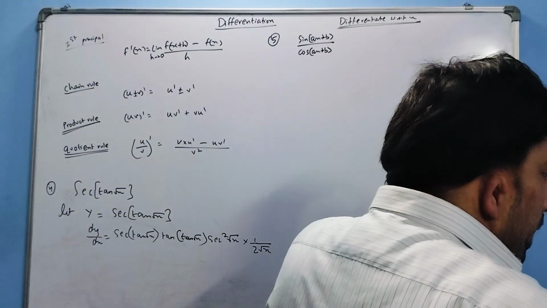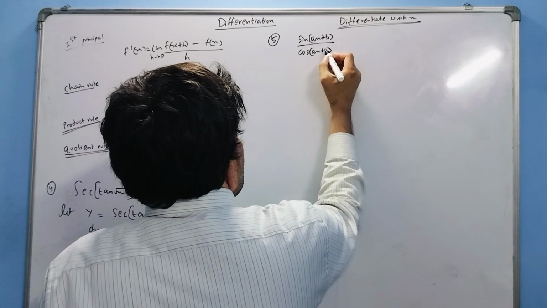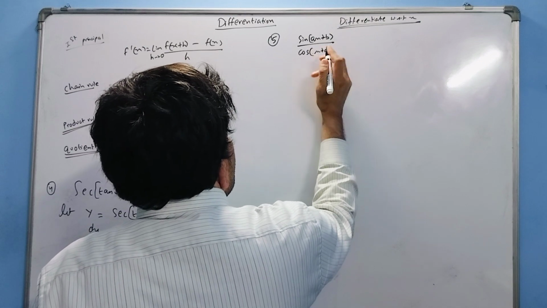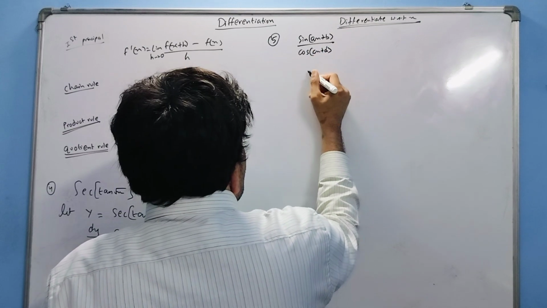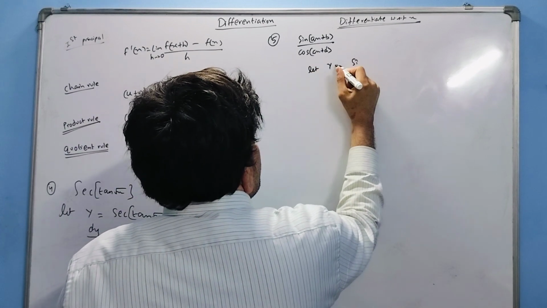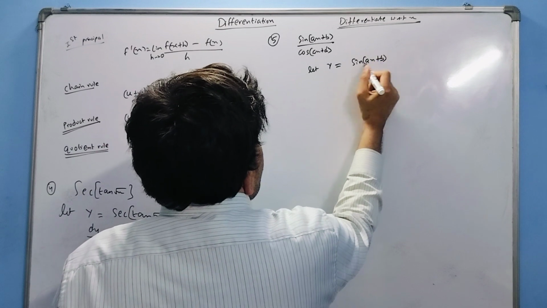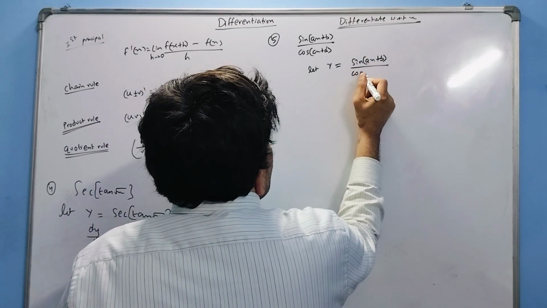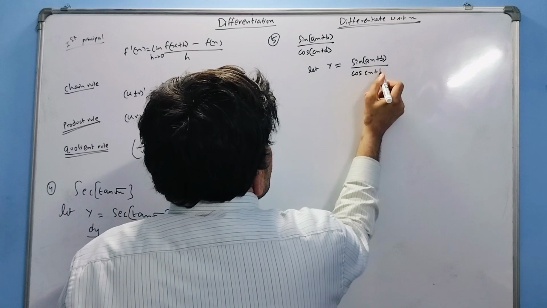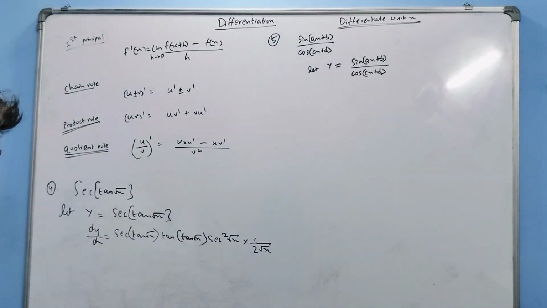Oh no, cx plus d, sorry, a different angle now. Here is d and here is c. Let y is equal to sin(ax plus b) upon cos(cx plus d). So this is what we have.